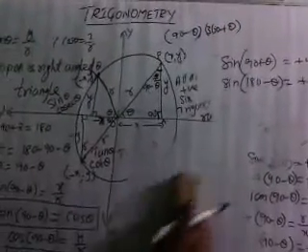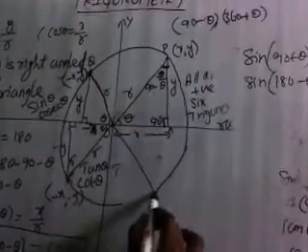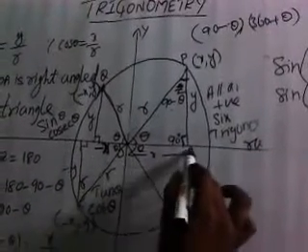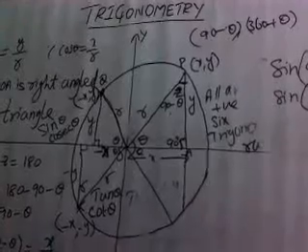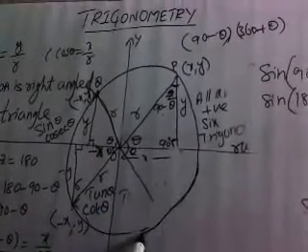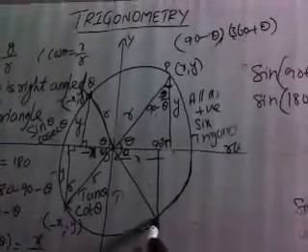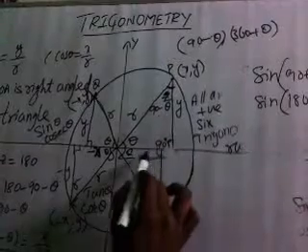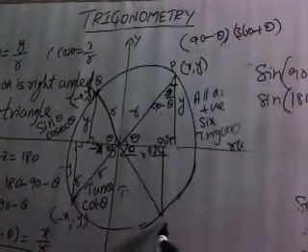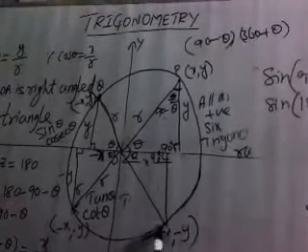Fourth quadrant. If you take an angle theta here and drop the perpendicular, the point in the fourth quadrant has x positive, y negative: x comma y.